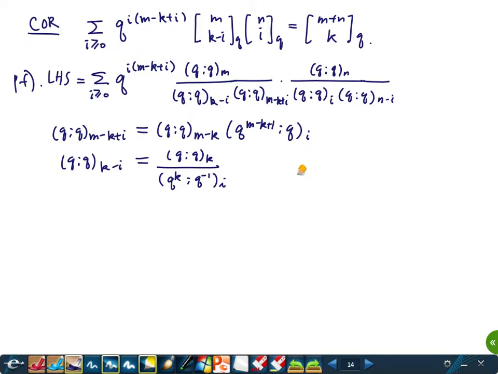Let's see. In general, if you have something like this, you can write this in base q, because we want everything in base q. So let's do this step by step.